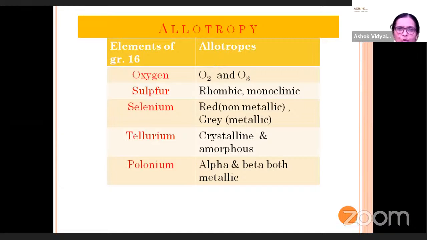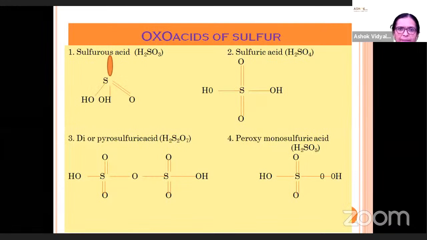Now we'll move to the next slide, that is oxo acids of sulfur. Sulfur forms different oxo acids, and their structures and formulas are shown in this slide, and they can be asked in your board exam. The question can be in this form: what are the oxo acids of sulfur?